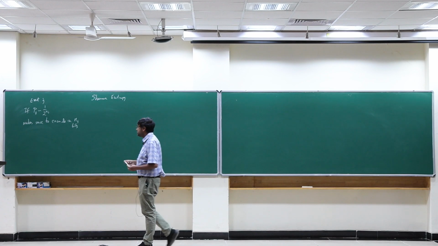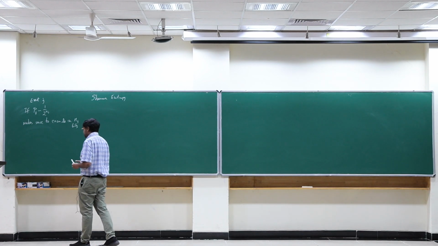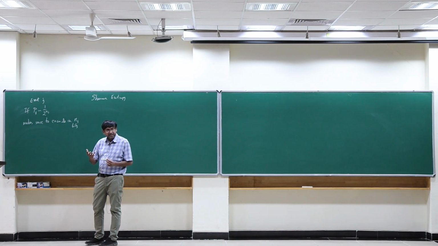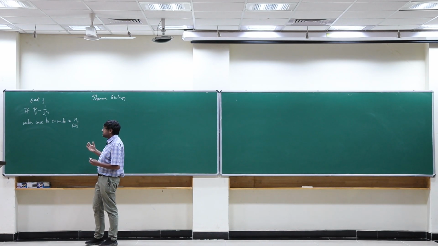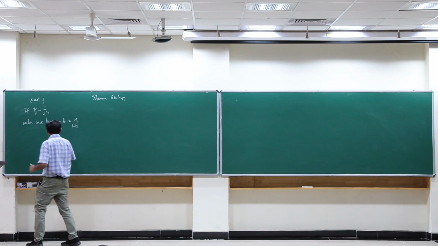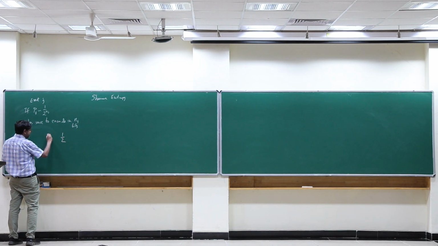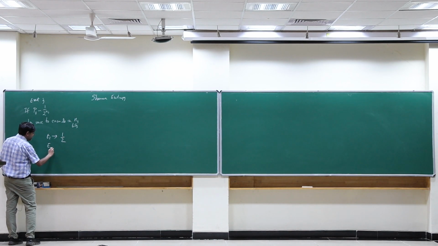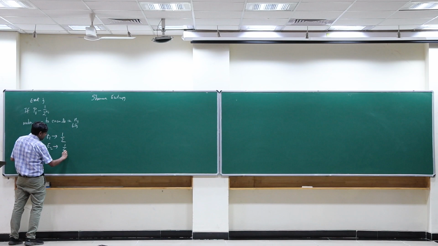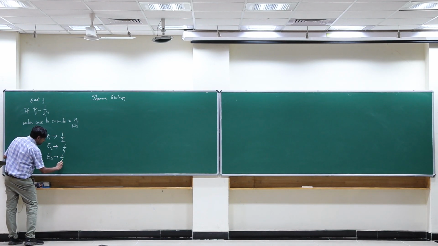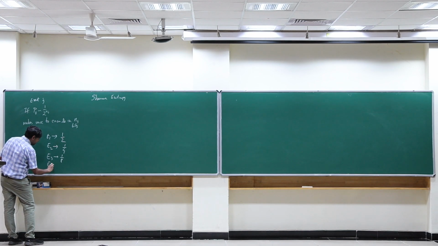Suppose an event has a very large chance of occurring, like half. Then it makes sense, so suppose I have considered the following things. Suppose there is an event E1 which has chance half, event E2 which has chance a quarter, and events E3 and E4 which have chance 1/8 each.